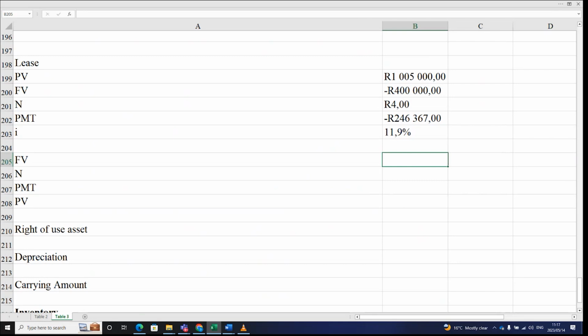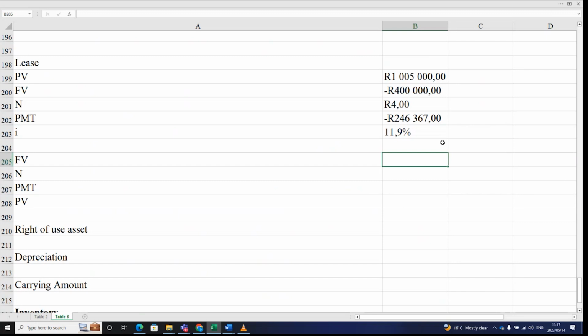Okay, right. So in that instance, okay, see the right of use assets shall consist of the amount of the initial measurement of the liability, lease payments made at or before the commencement date, less any incentives received.